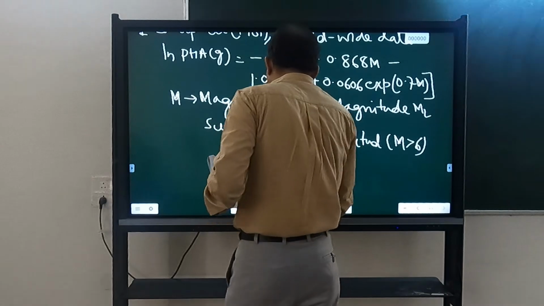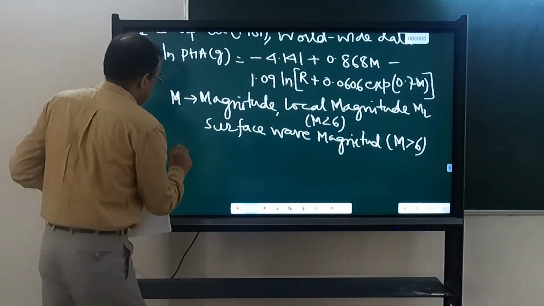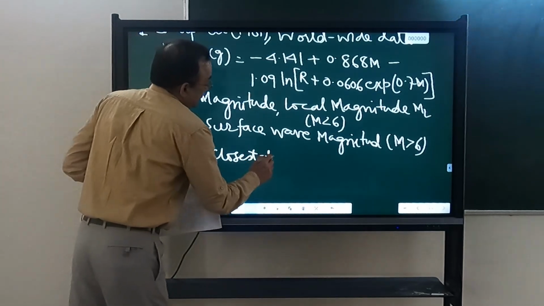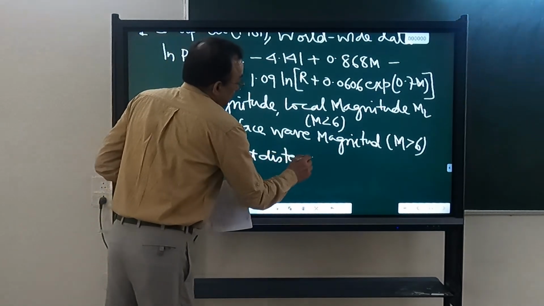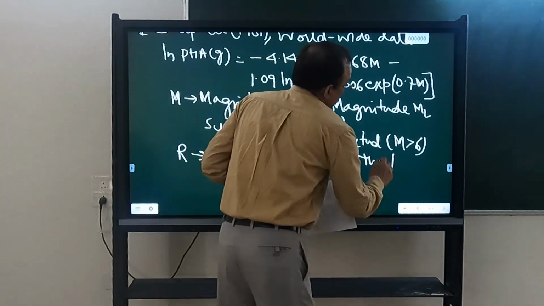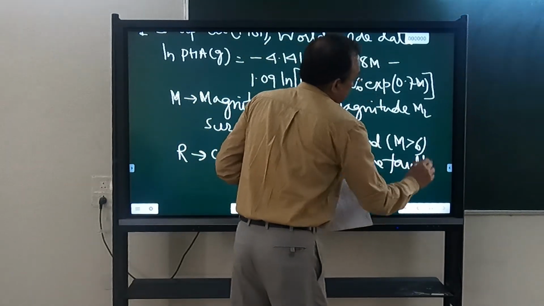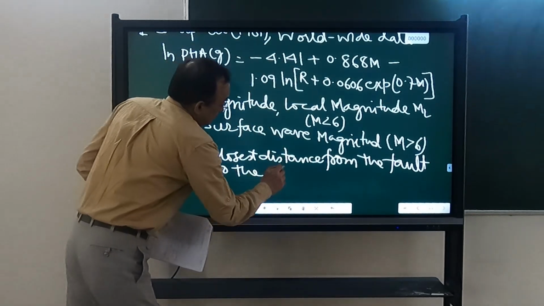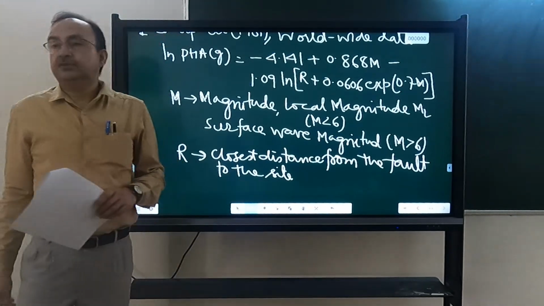And R is the closest distance from the fault to the site. So closest distance.